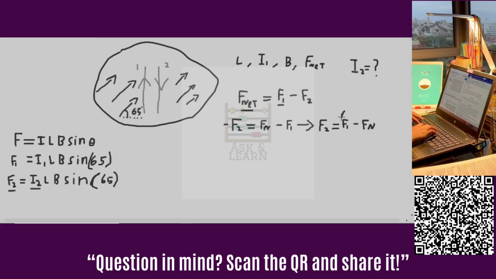And we know what both of these things are. We just solved for F1 and we were given F net. So now we can plug this value in for F2. So now all we need to do is rearrange this equation to solve for I2, which is just some algebra here.